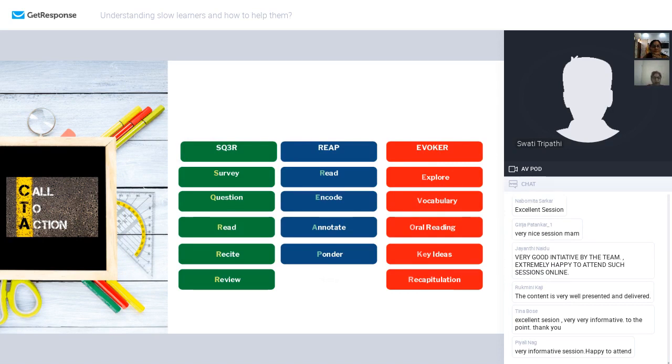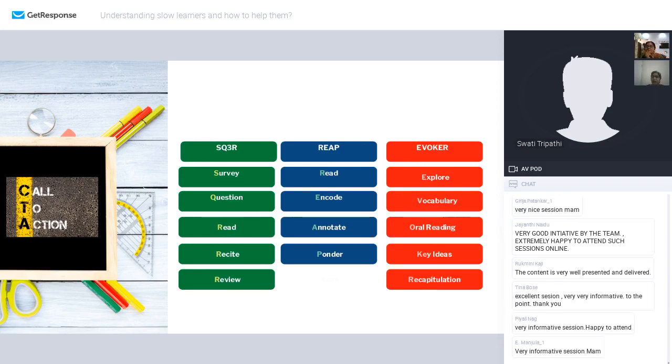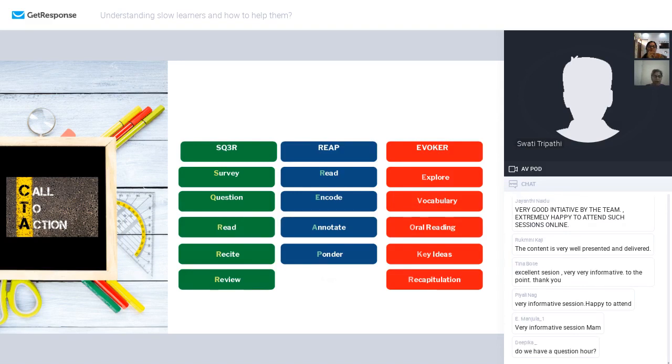In the survey, you scan the text and pay attention to the layout, the sections given in it, the graphs, the pictures, or the highlighted words. In the question, you ask yourself what you know, what your goals are, and what the author is trying to convey.